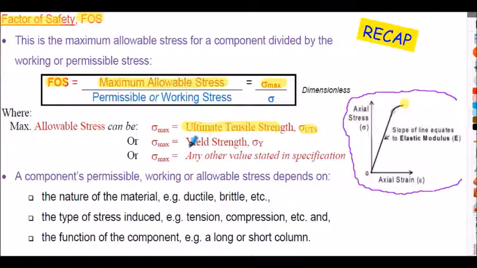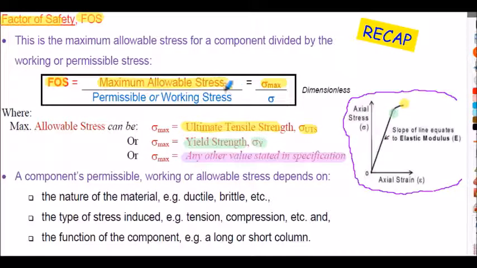It could be the yield strength, the sigma y, which would be this point here on the curve, or it actually can be any other value that's specified, because something we haven't considered and we're actually not going to consider is buckling or stability of members, and sometimes that can affect the allowable stresses. So there are other stresses that can be used, but so ultimate tensile strength or the yield strength. But that'll be given in the question if we need that.